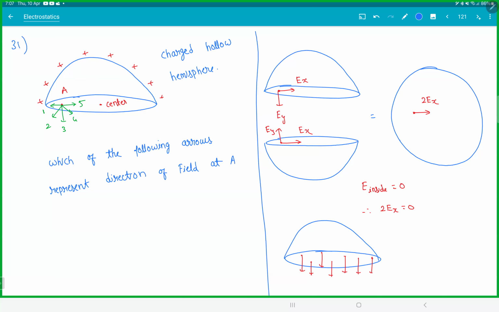How much is that value we can't find, but this is how you do it. Any doubts on this? Next one.